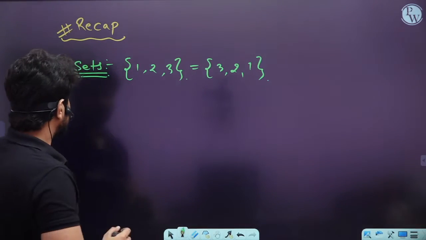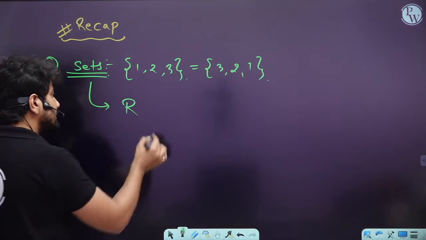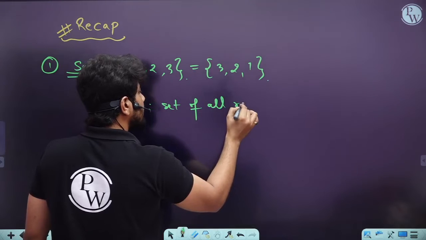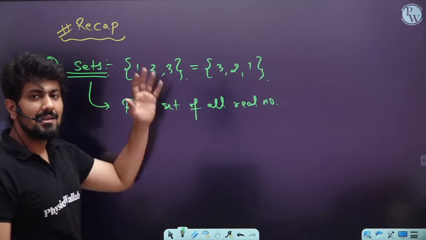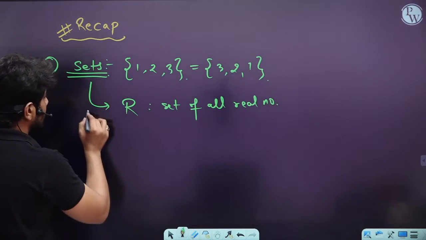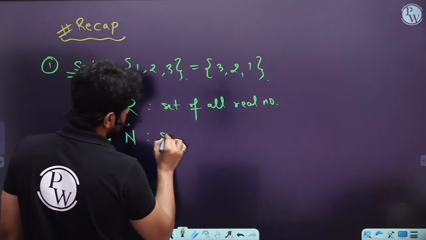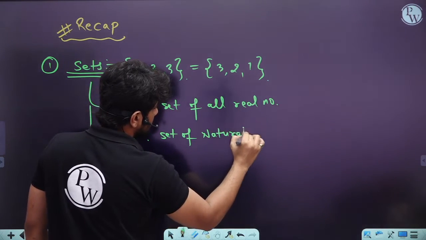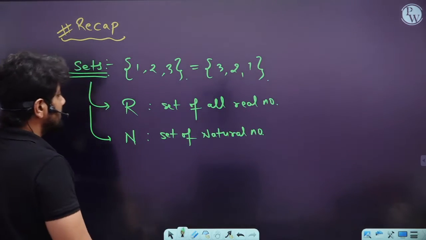We have learned about sets like set of real number, capital R. This is basically set of all real number, every real number, that is capital R. Then we have learned about N, which is set of natural number. These are basically infinite set. There are infinite elements in these set.